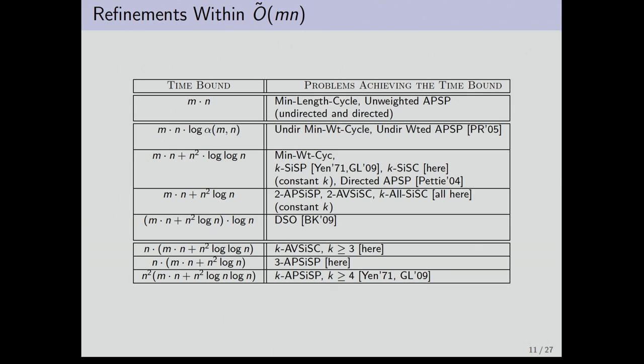And then DSO, which I'm going to define very soon, this is the distance sensitivity oracles. They have an additional log factor higher, but they're still O tilde mn. Now the remaining problems we considered have still polynomial time, but larger than little omega tilde of mn.